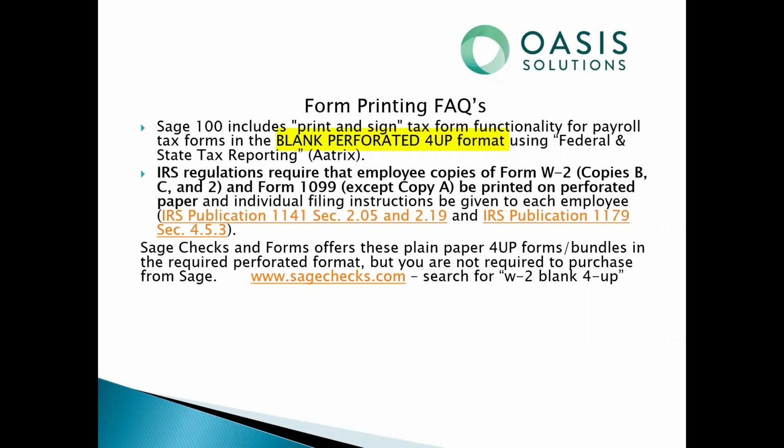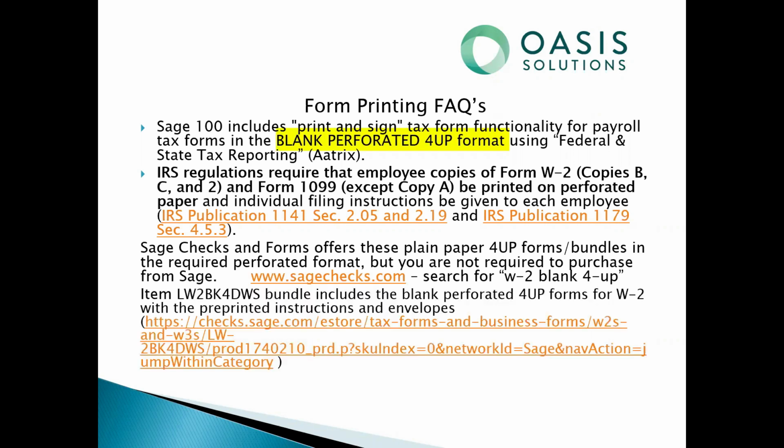If you go to sagechecks.com and want to search for the blank perforated 4-up forms, I've got the search words there for you. I would search under W-2 blank 4-up, because if you put the item number in there, I have not gotten the item number to populate the search.